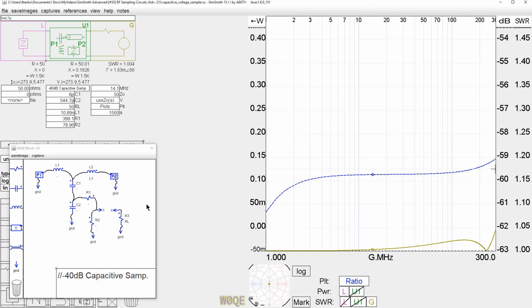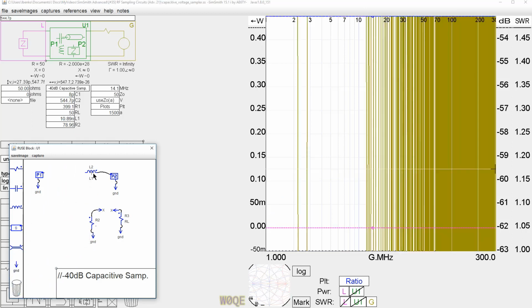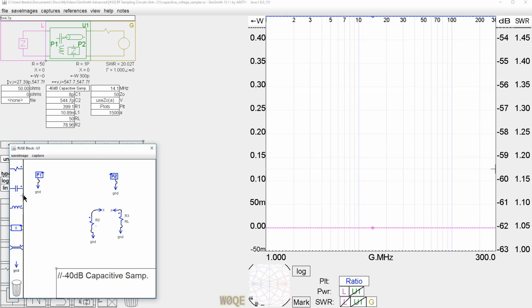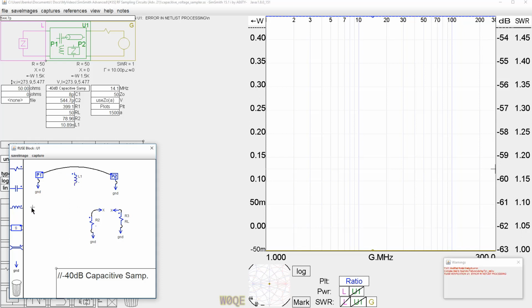Finally, we could take a circuit with inductors in it, but what we'll find with an inductor circuit is almost exactly the opposite of what we find with the capacitor circuit. I'm just going to delete a bunch of these components real fast and just do this. We're not going to correct for anything here at all right now.